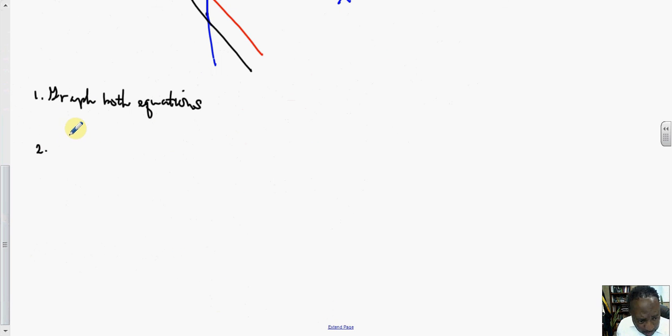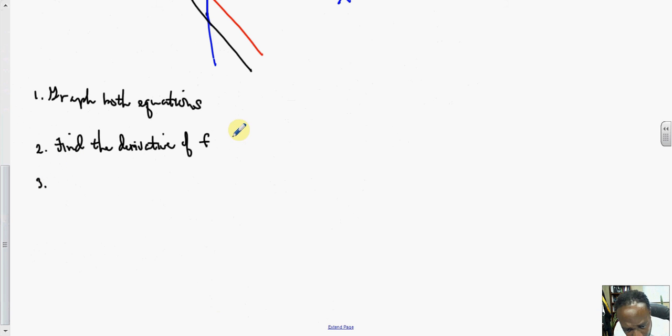Secondly, find the derivative of f, and you're going to find the slope of y. Thirdly, set both slopes equal.